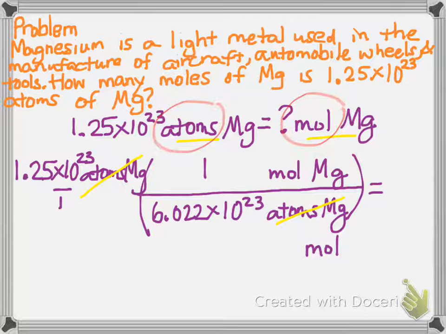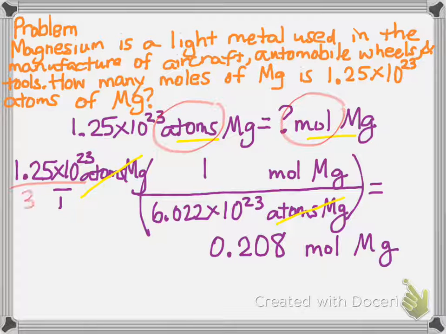So again, this is a good one to check on your calculator and see that you're able to get the correct answer. You should get 0.208 moles. And again, because of significant figures, which we talked about briefly, and you have a handout about significant figures and the rules, when I'm multiplying and dividing, I'm limited by the fewest number.